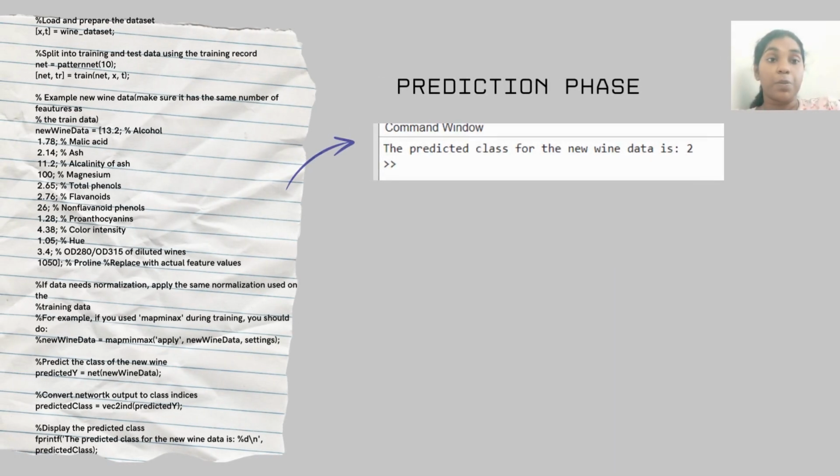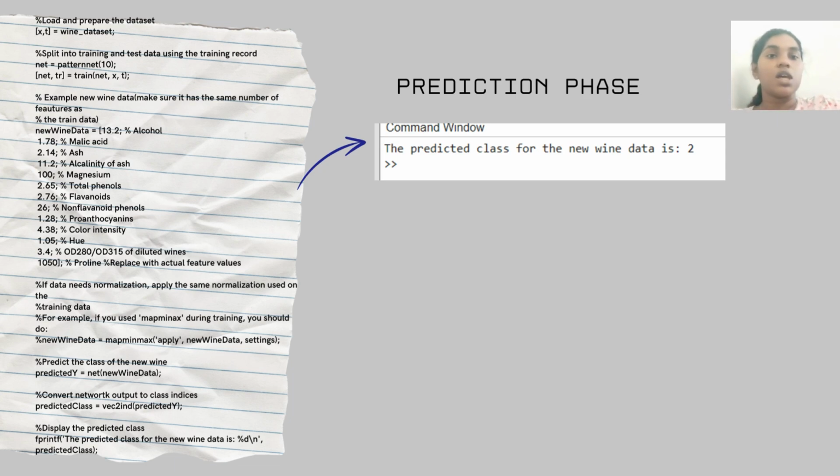First we load and prepare a dataset, and then we train the neural network with the dataset. Then we prepare a new dataset in the same format as the training data. Here for the new wine data we show 13.2% of alcohol, and we choose a random number between the ranges for each feature, and then we type it here.